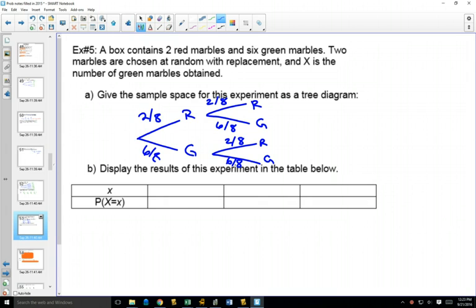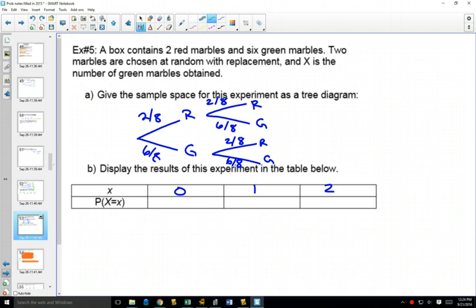Now our random variable X is the number of green marbles obtained. Well, we could get 0, 1, or 2 green marbles. But now our probability distribution is not just based on the fact that there's 4 things, because there's different probabilities for each of those 4 things.